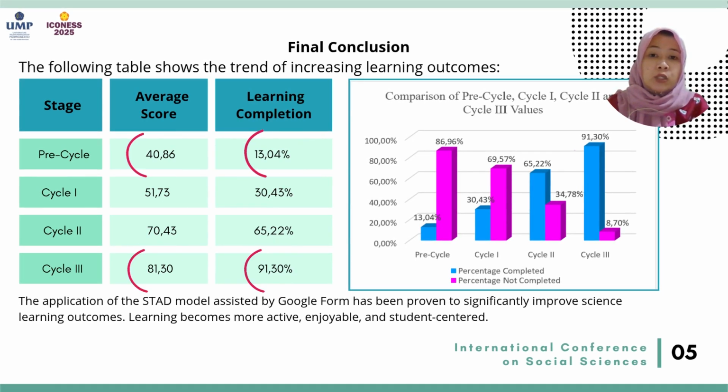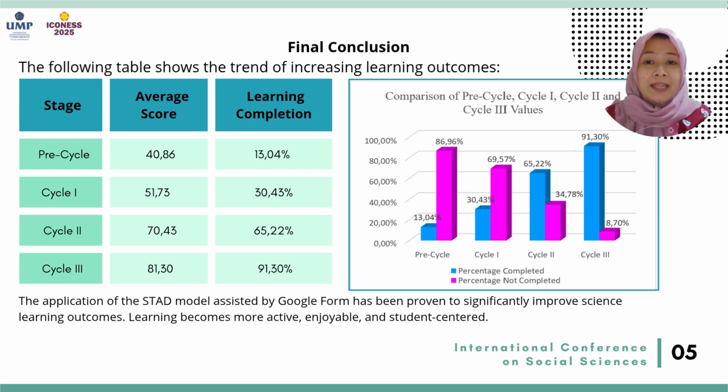Based on the table and chart, it is evident that there was a significant increase in the average score and student learning completion rate in each cycle. The average student score increased from 40.86 in the pre-cycle stage to 81.30 in the third cycle, while the learning completion rate rose dramatically from 13.04% to 91.30%.